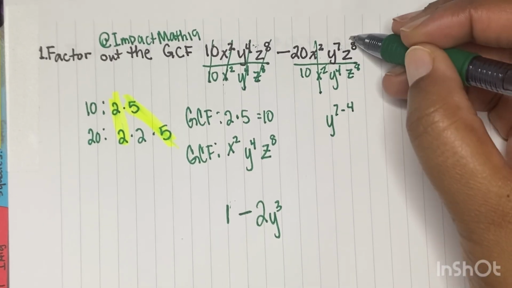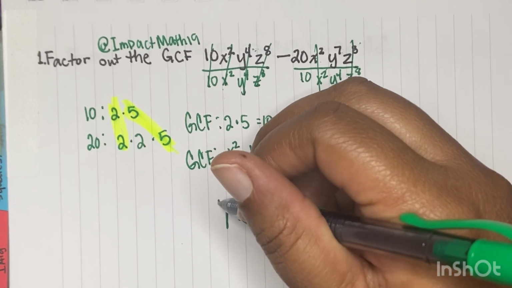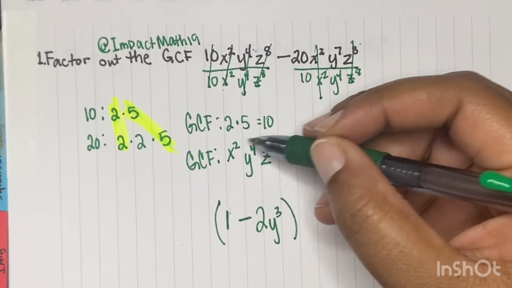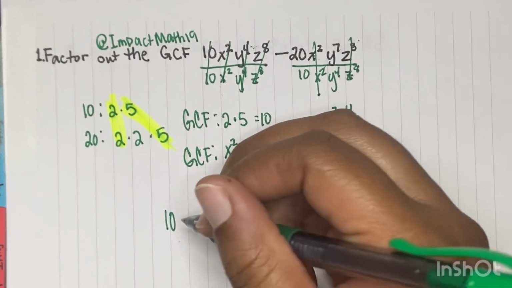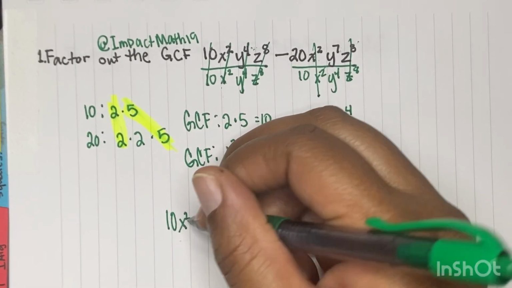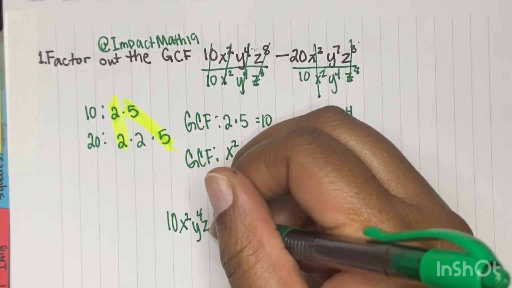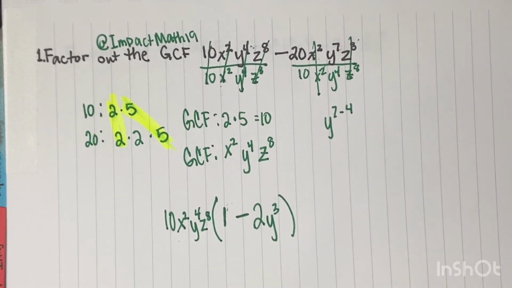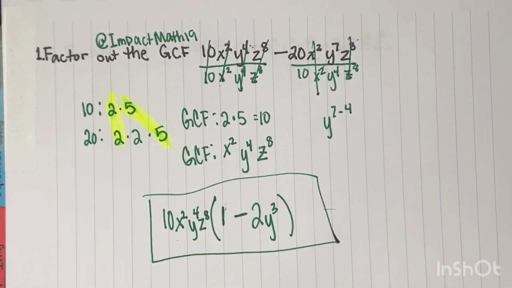Z to the 8th over z to the 8th cancels. And so this, along with our GCF on the outside, 10 x squared y to the 4th z to the 8th, would be our factored term.